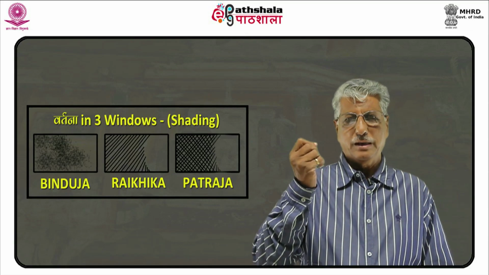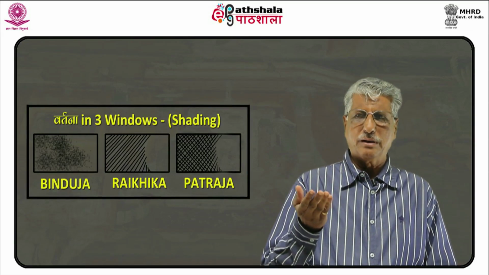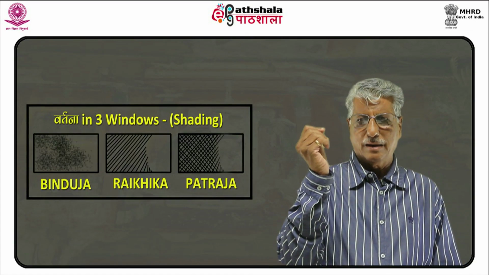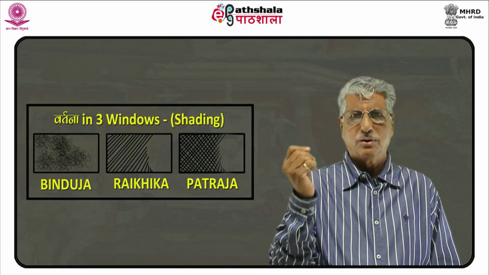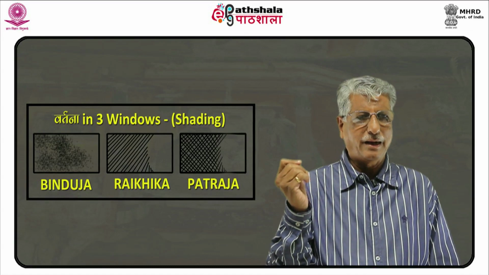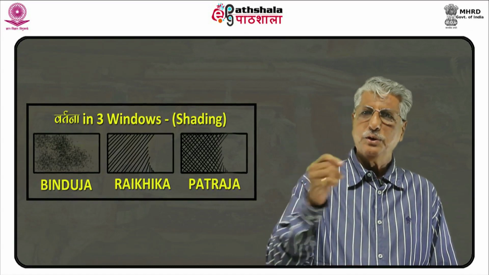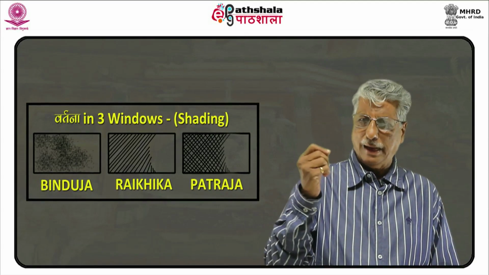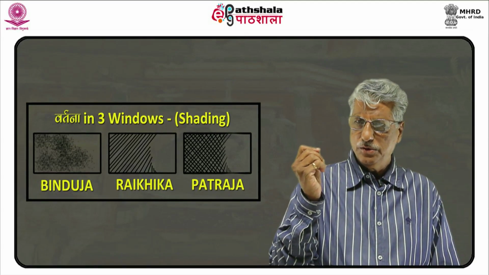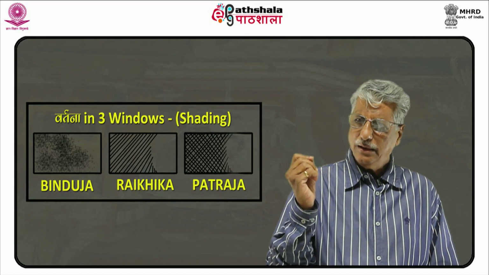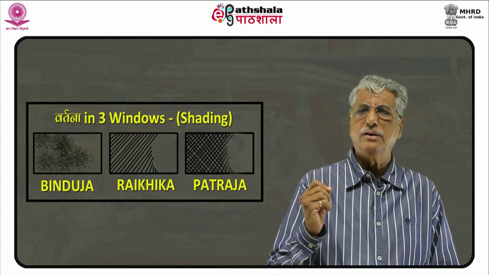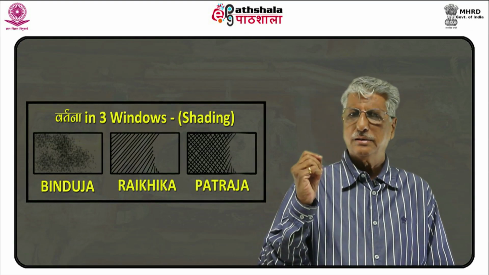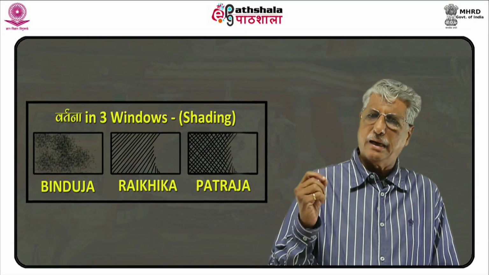Even today you use these vartanas in your painting. Sometimes you use just parallel lines for shading and rendering. Sometimes we use crisscross. The rendering where you use just parallel lines is called Reikhika Vartana, because it is created with the help of rekha.